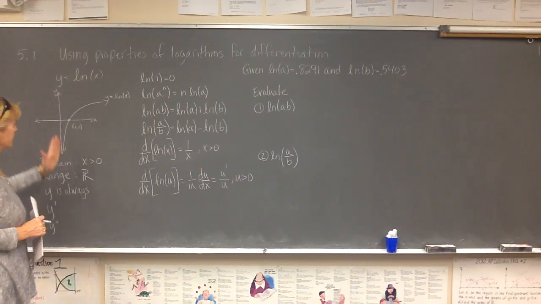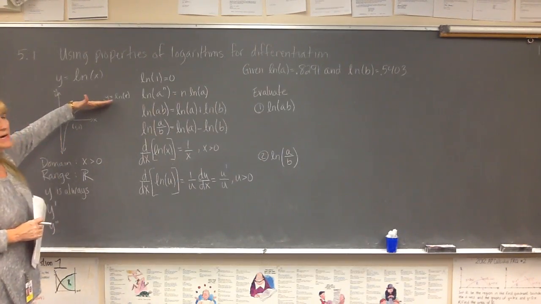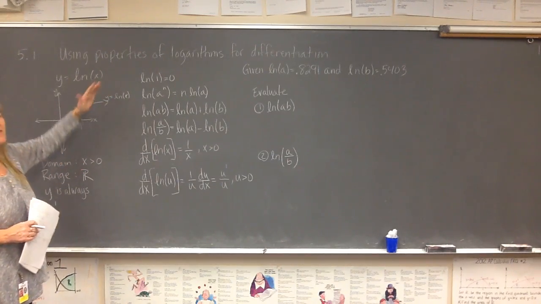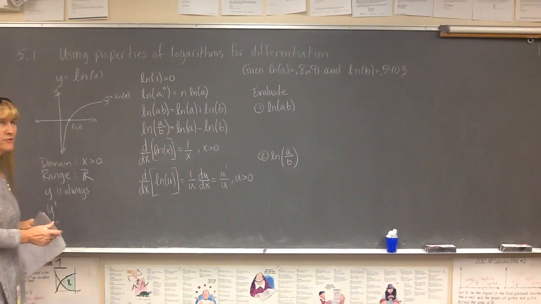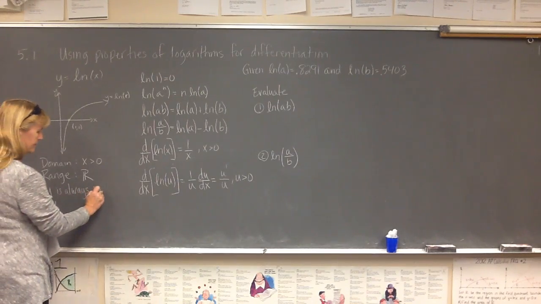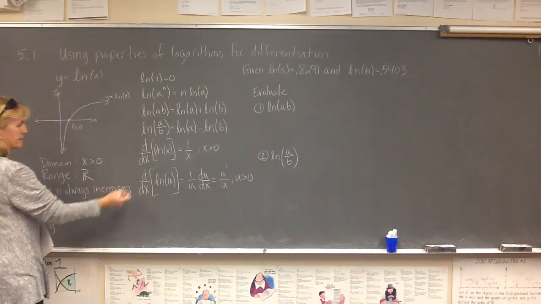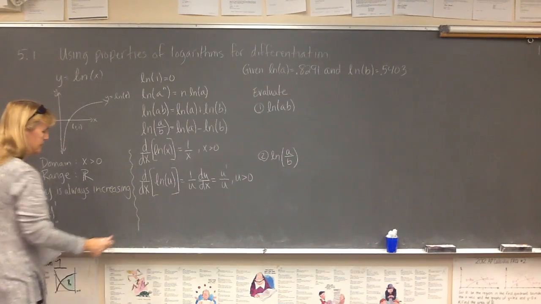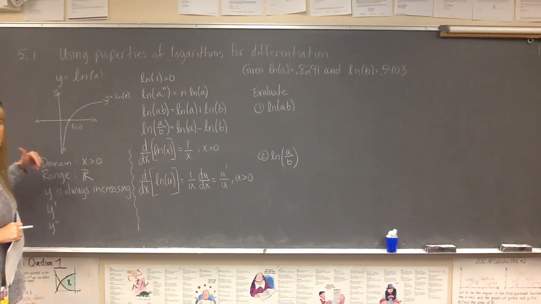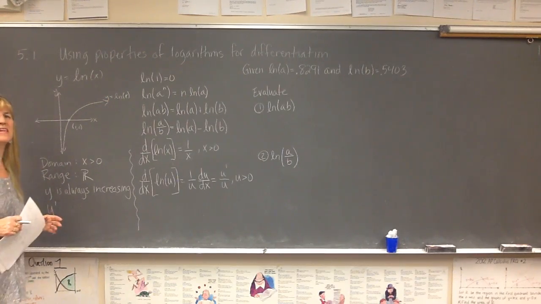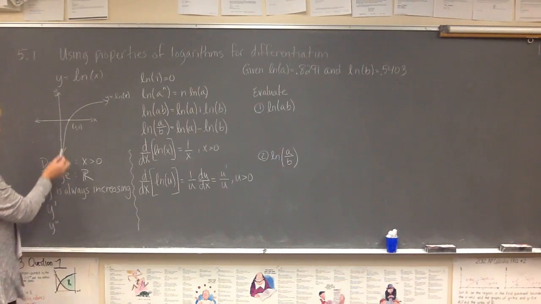This y value here is always what? I need a mathematical word that describes the y value of this function. This y value is always, and the math word I'm looking for is increasing. Okay? All right, y prime. The derivative of this function, which talks about the slope of the tangent line to this function over and over again.